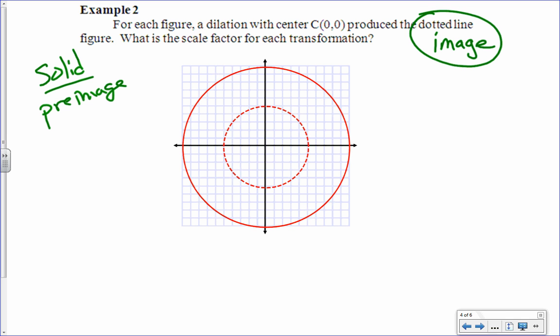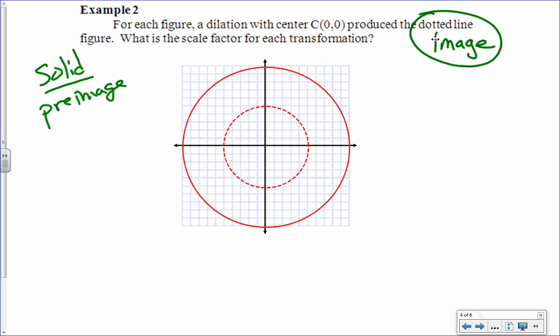Okay, so in this case, and some of you are probably thinking, boy, if the scale factor is bigger than 1, it probably makes the object larger. And if the scale factor is less than 1, like between 0 and 1, it would make it smaller, and you would be correct. So this one here, it is making it smaller, so I'd expect this to be a scale factor between 0 and 1.